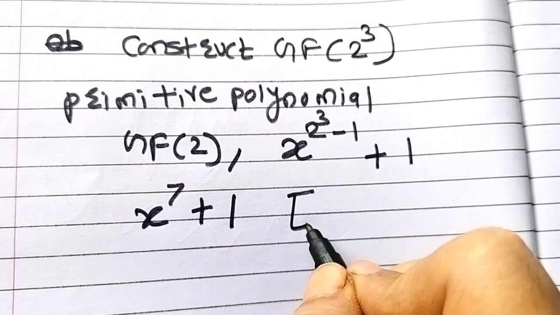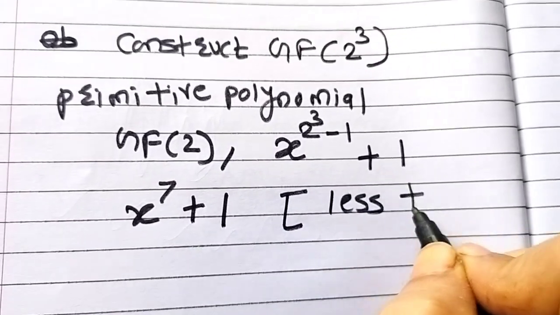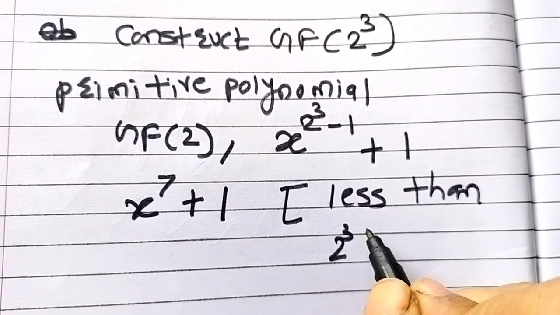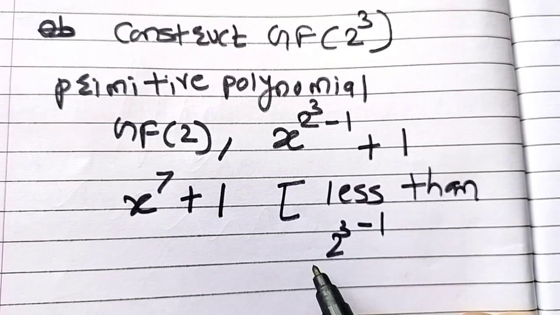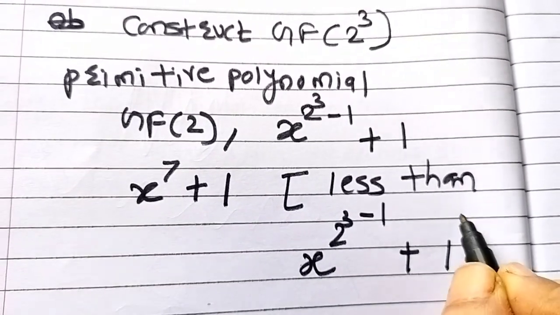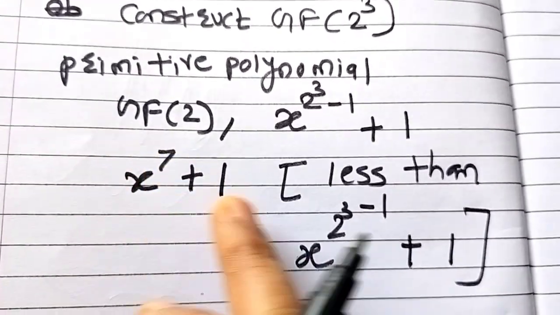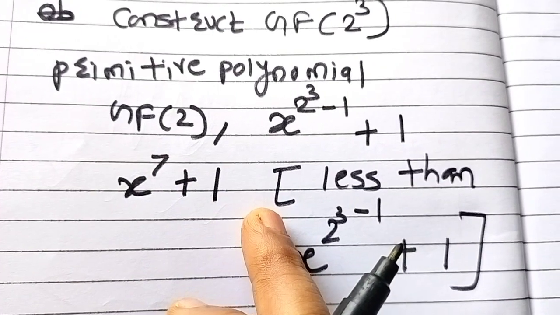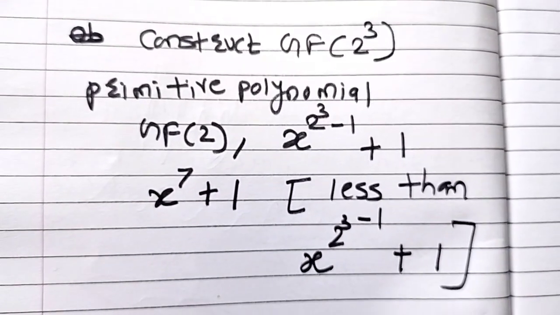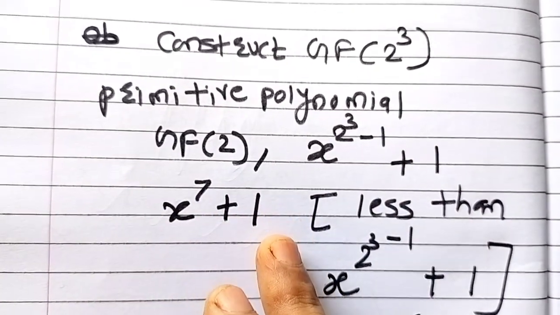It does not divide anything less, like x raised to 6 plus 1, x raised to 5 plus 1, x raised to 4 plus 1. It divides only x raised to 7 plus 1. That means the primitive polynomial is a factor of x raised to 7 plus 1.